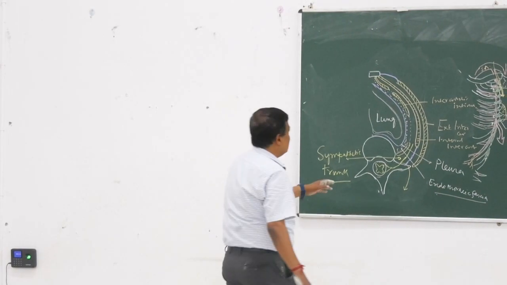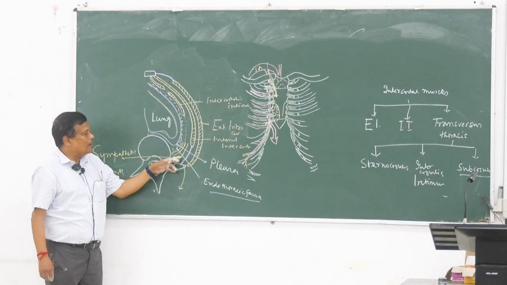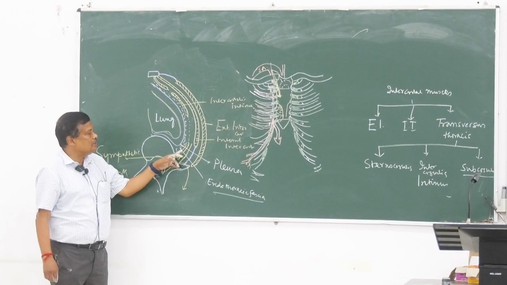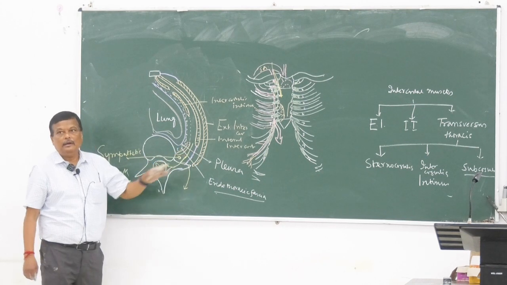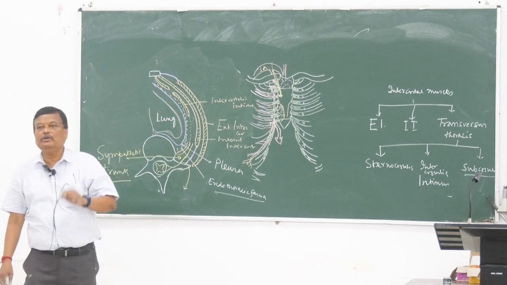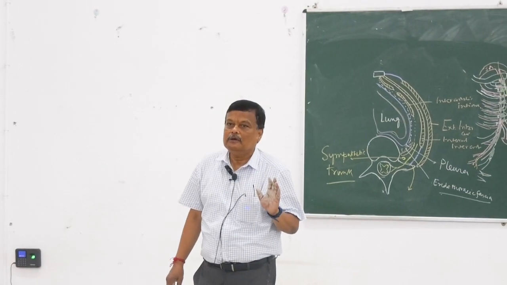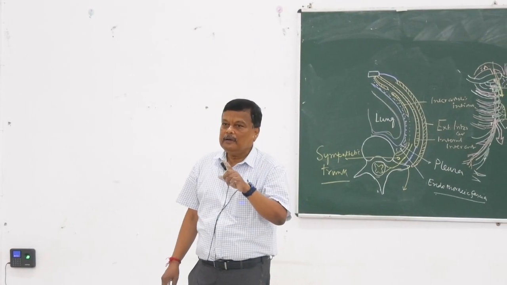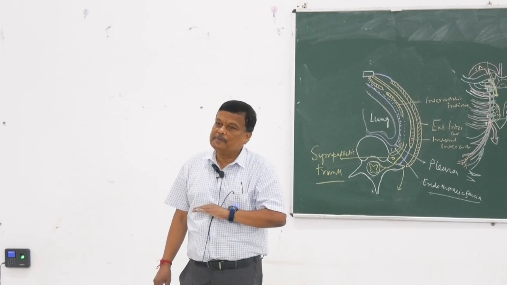So in the lower space, it passes between the subcostalis and the intercostal membrane. But in the upper space, I have already told you, the subcostalis is absent. What did I say? Subcostalis is present only in the lower space.